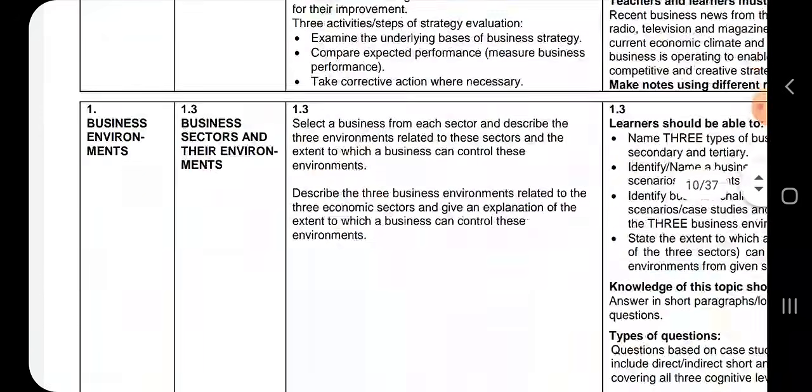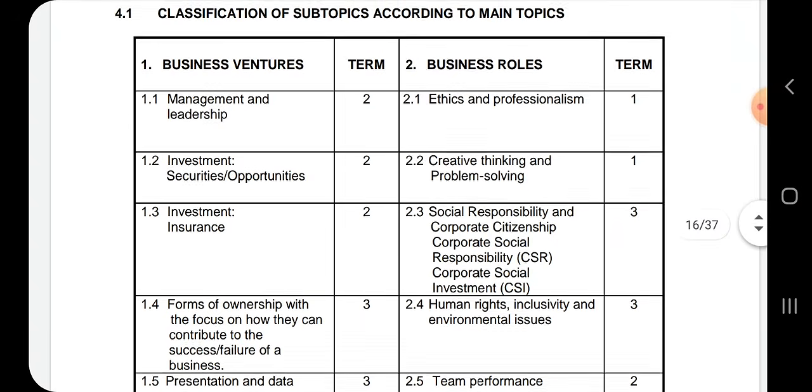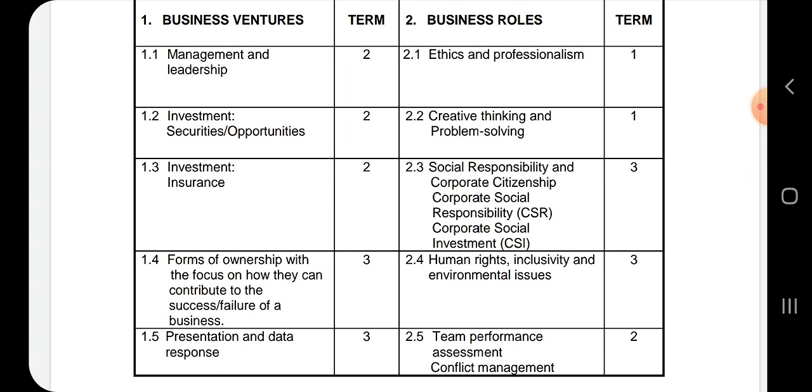And then for paper 2, these are the ones that you should know. So we have 2 topics from term 1 for paper 2, and then more topics are just from term 2 and term 3. You see, so there's a lot in term 2.